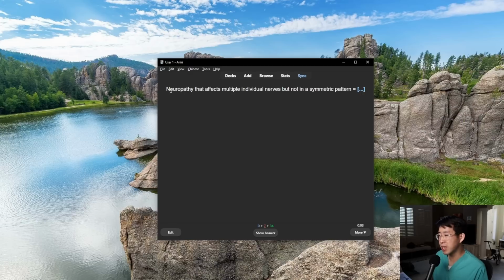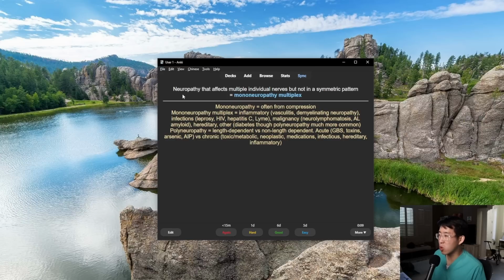So a neuropathy that affects multiple individual nerves, but not in a symmetric pattern. This is called mononeuropathy multiplex. And so they actually have a framework for the evaluation of peripheral neuropathy. And it starts off with mononeuropathy, which is often from compression, for example, carpal tunnel syndrome, cubital tunnel syndrome, things like that.